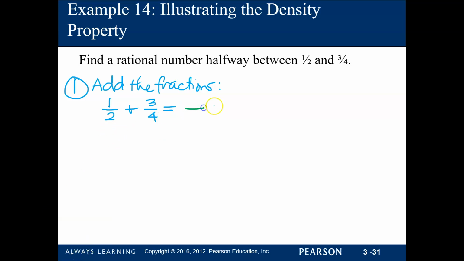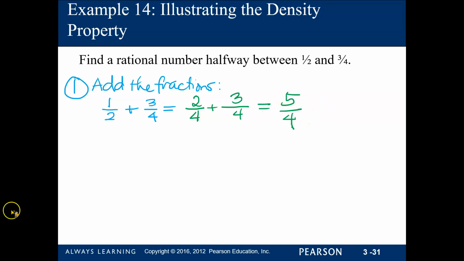So we need to change them in such a way that the denominator is the same. As you can see, 4 can be divided by 2. So we can use 4 as our common denominator. For 1 over 2, to become 4, 2 is multiplied by 2. So that's 2 over 4. 3 over 4 stays the same. And so when we add this, our sum is 5 over 4.